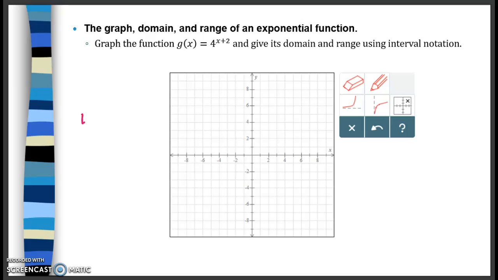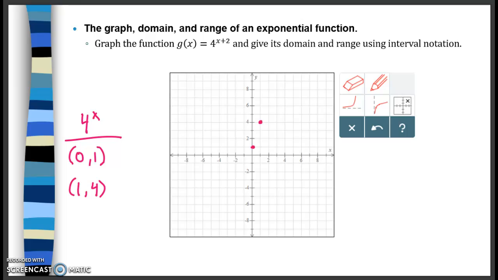If I consider 4 to the x, if I plug in 0, I'm going to get 1. If I plug in 1, I'm going to get 4. So I'm going to have points at (0, 1) and (1, 4).